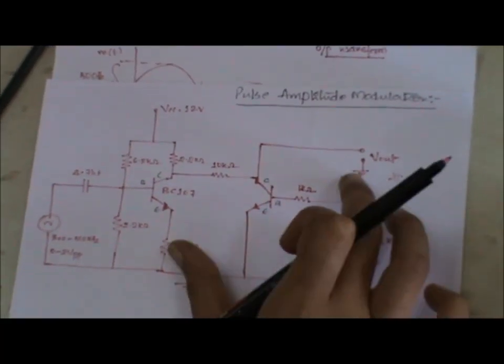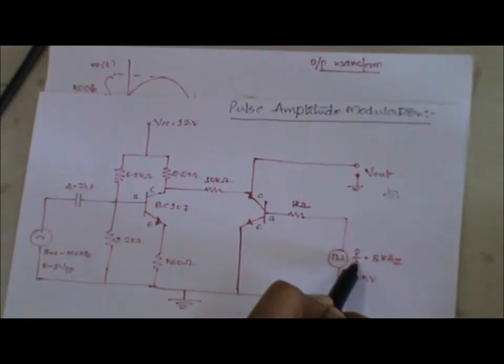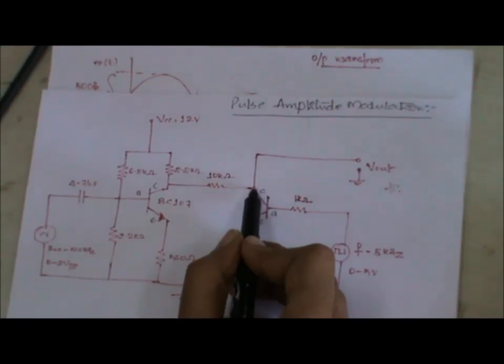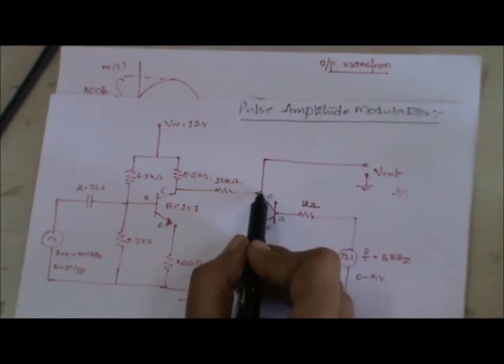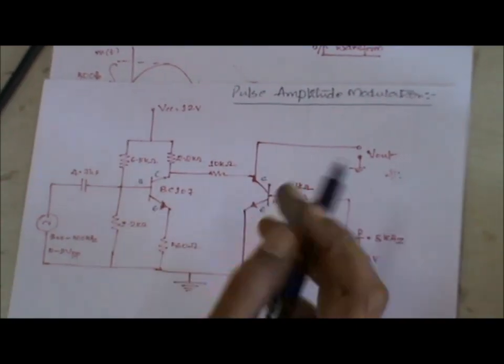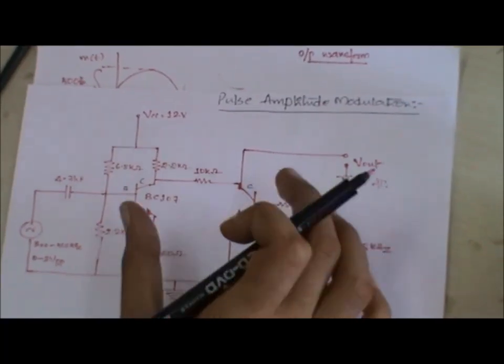The output is taken across the transistor, and it is an inverted one. We can observe this pulse amplitude modulation on the CRO.